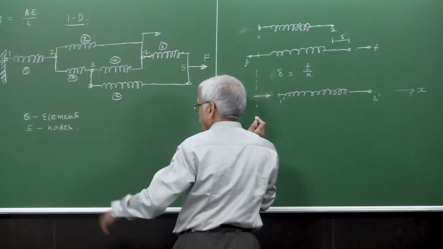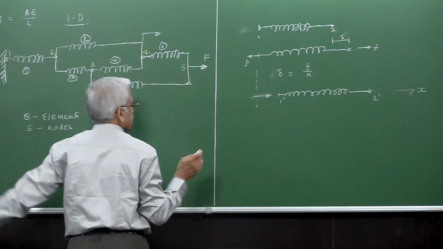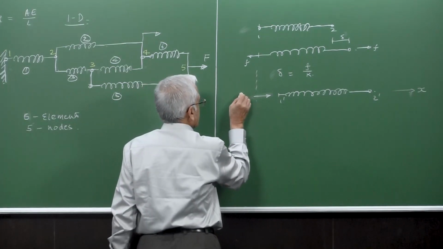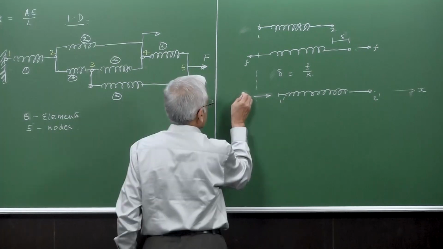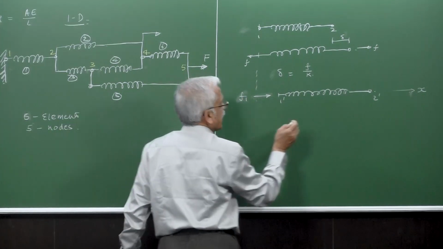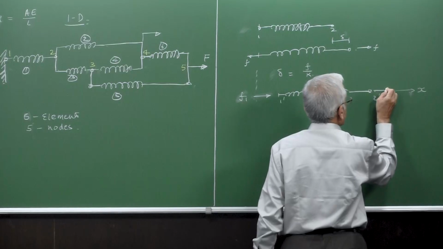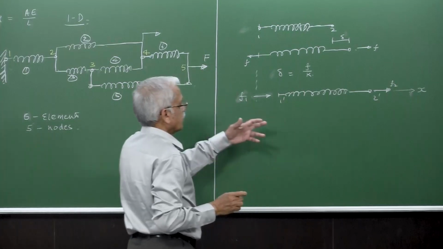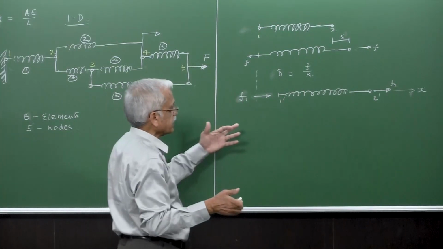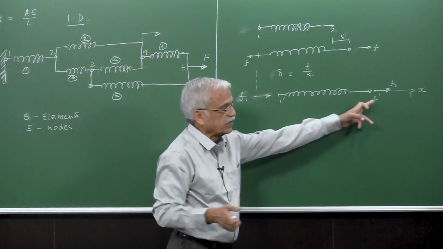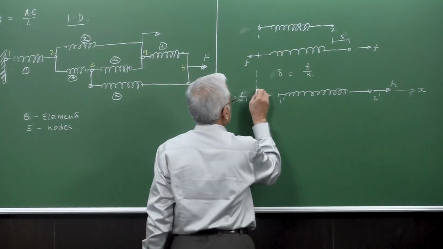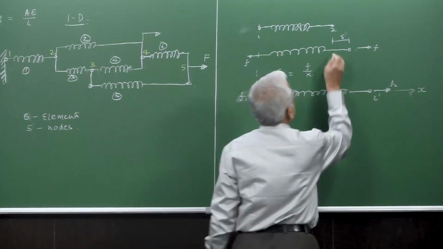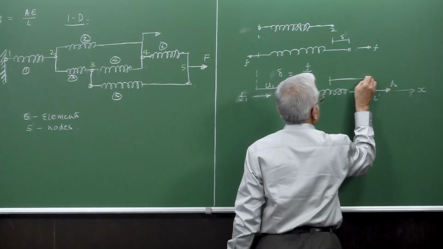Basically the forces are like this at the element level, but we want to represent everything in the F1 here, and then here we want to show the force again in the positive direction. So F1 and F2, we are not showing them in opposite directions, but in the same direction. Together with that, the displacement or deformation here is U1, and here it is U2.